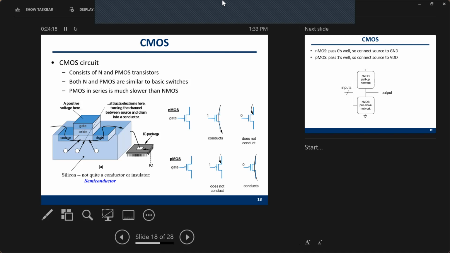This gate is open, and you will never get a 0, no matter what the input is here. For the PMOS, if I apply a 1, this gate is open. If I apply a 0, then this gate is closed, and this signal will pass through this gate and arrive here.